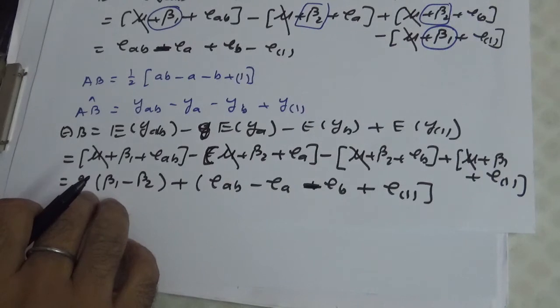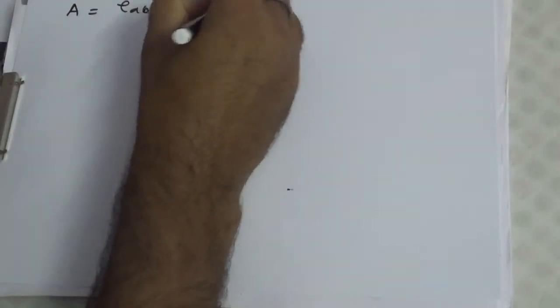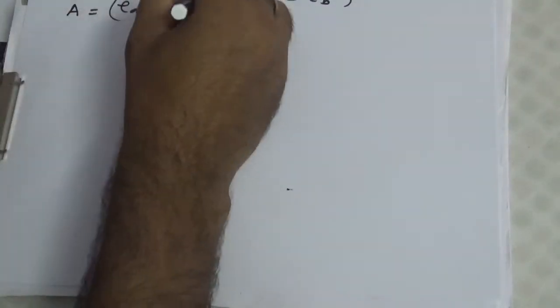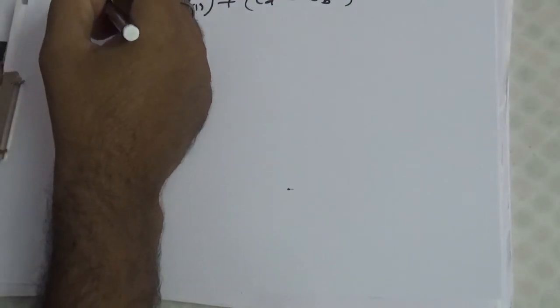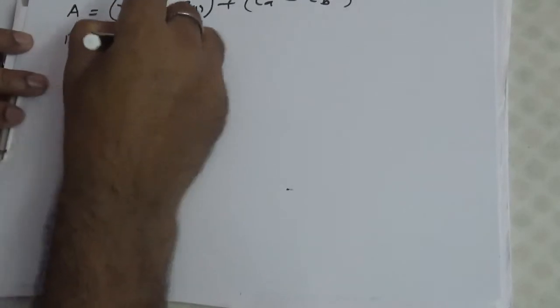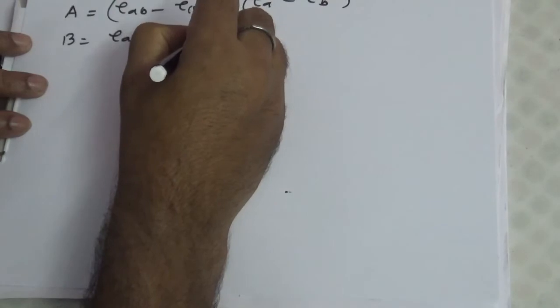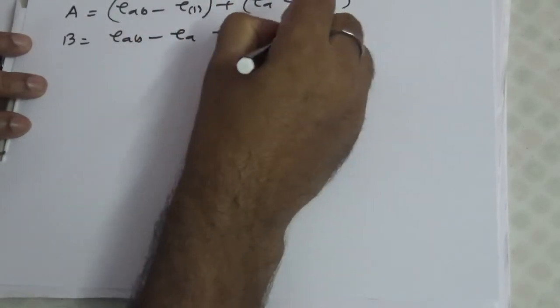If I write them down more neatly from these sheets, then I can say that when you are trying to estimate A, then A was simply tau AB minus tau 1 plus tau A minus tau B. And this B came out to be tau AB minus tau A plus tau B minus tau 1.